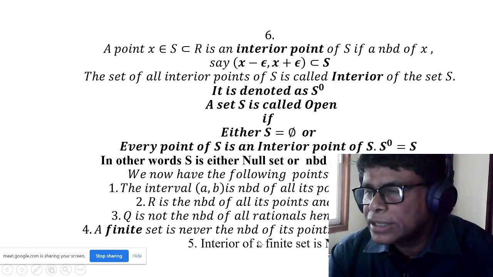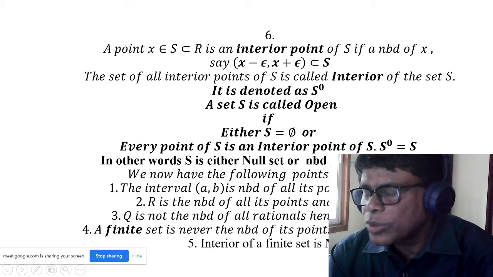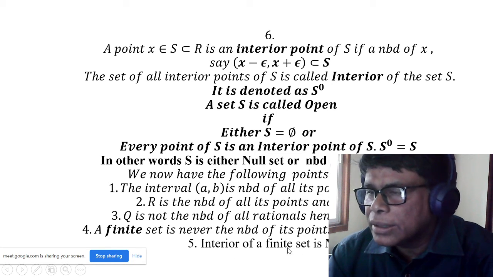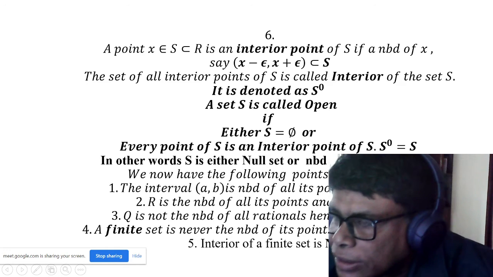So the interior of a finite set is null. Now think over this fifth condition: suppose a set comprising only two points, 1 and 2. A singleton set is never open. Singleton set 1 comprises 1, no other points. And 2, no other points. So for these finite sets, the interior is null, that means phi.